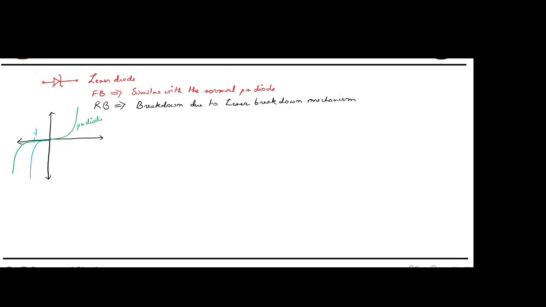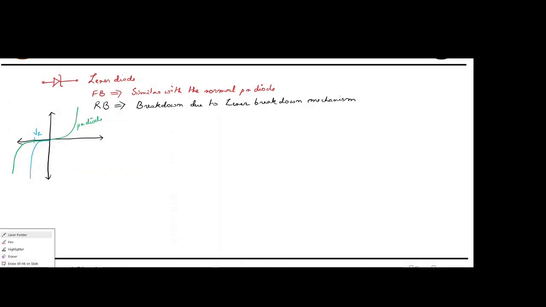And this is characterized by VZ. Right, fine. Now you should understand this. In the breakdown region, the change in the current is very large, but the voltage across the diode is almost constant. And this feature is exploited for making a voltage regulator.